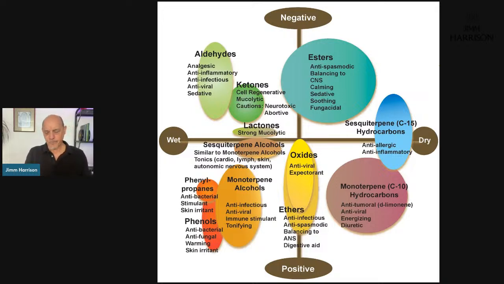Now, I have my analgesic, I have my wound healer, I have my anti-inflammatory, and then I want to do some calming to the nervous system or soothing the nervous system, which goes along with being analgesic. And so my ester group, that's right up here. We mentioned it. I didn't really show you where it was, right up there at the top.